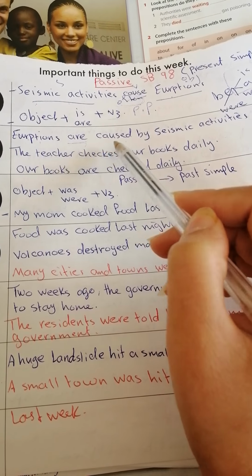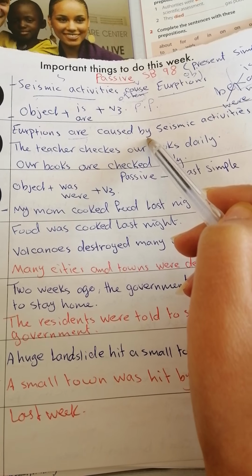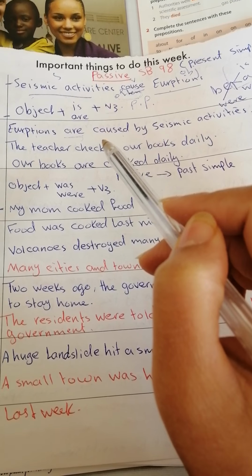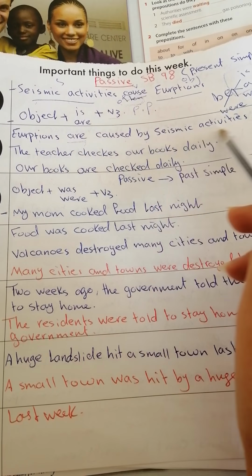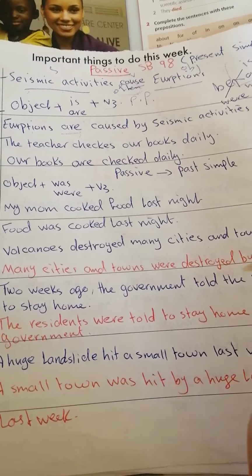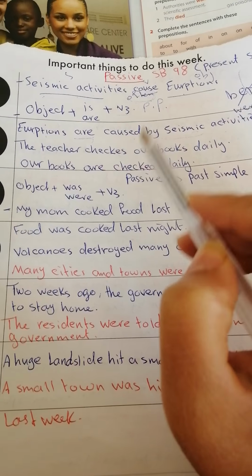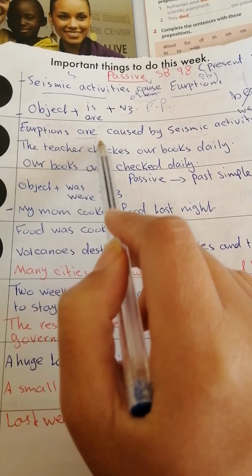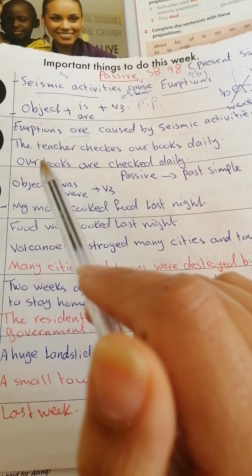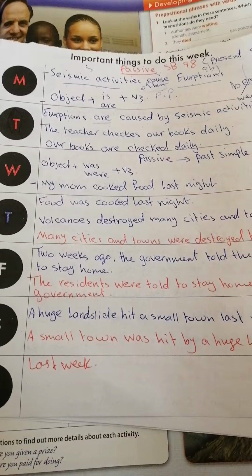So eruptions are caused by what? By seismic activities. Now this one is optional. You can add it or you can omit it. By, and then you go back to the subject. So eruptions are caused by seismic activities.